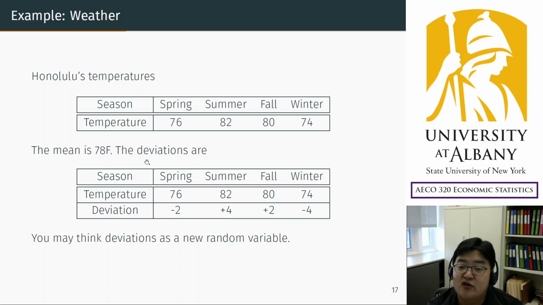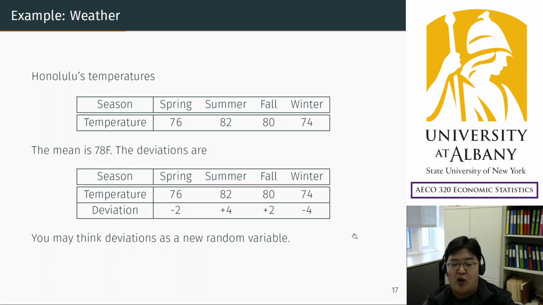Then you may calculate the deviations this way. In spring, you saw 76. That is 2 degrees below the center, so minus 2 is the deviation. In summer, it's 4 degrees above. In fall, 2 degrees above. And in winter, 4 degrees below the center.